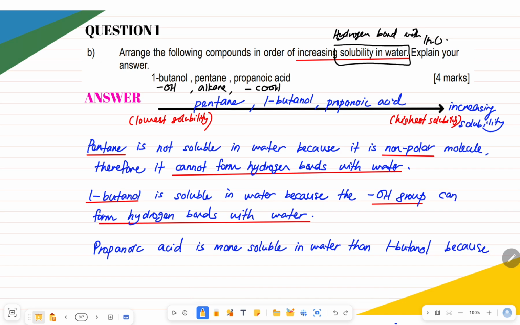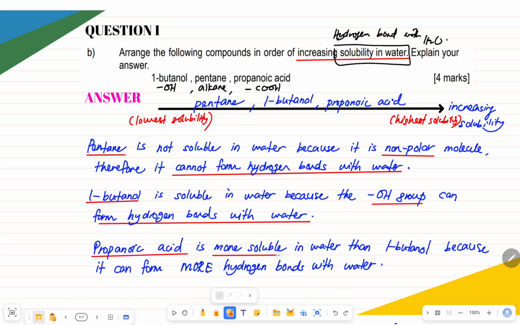Because it can form more. The key word here is more quantity, hydrogen bonds with water. Who can form the more hydrogen bonds? The COOH functional group. So the keyword here is more hydrogen bonds with water. Okay, so that was for question 1B.